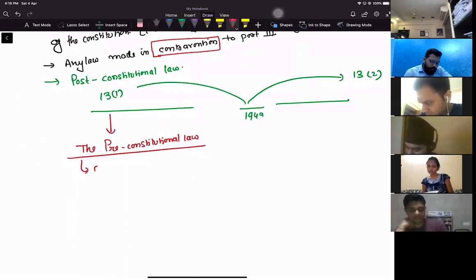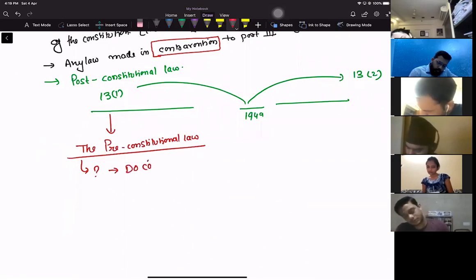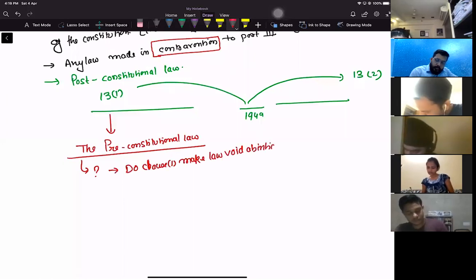The first question is, does clause 1 make the law void ab initio?